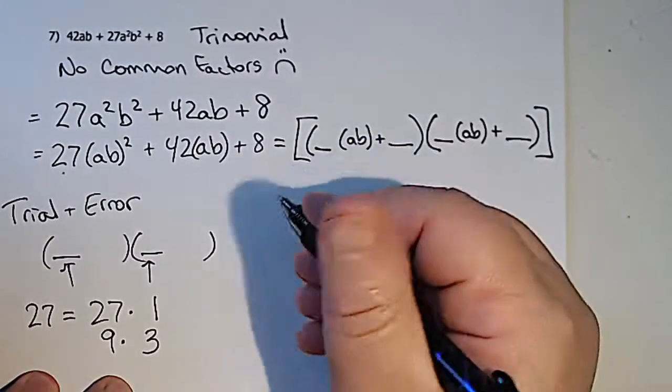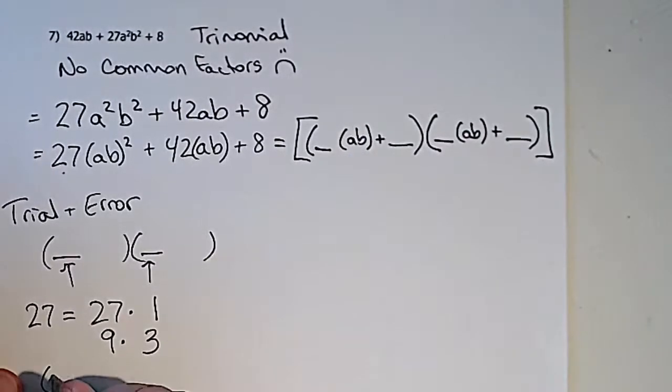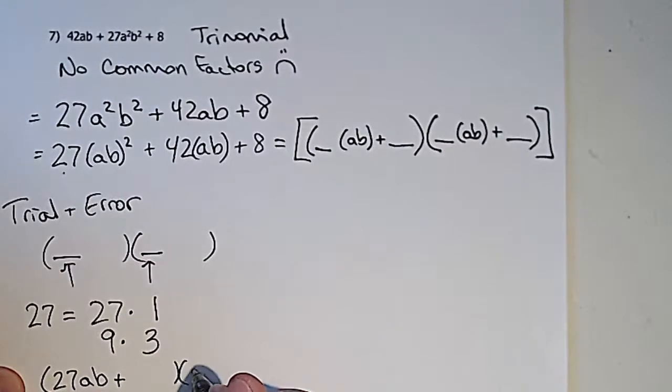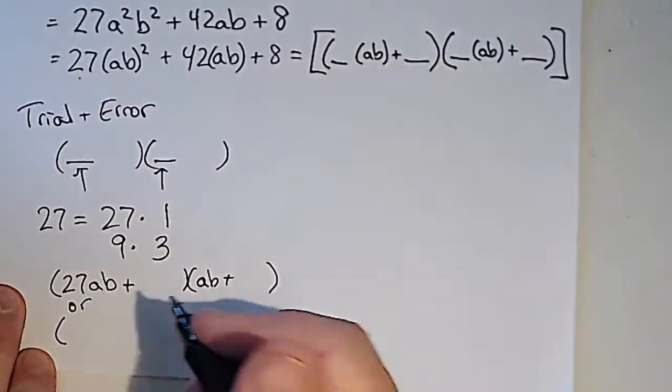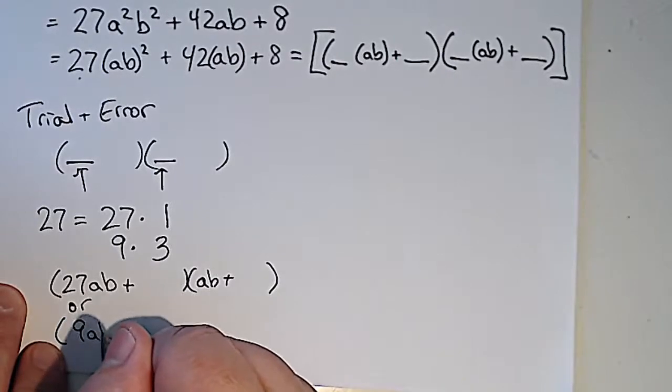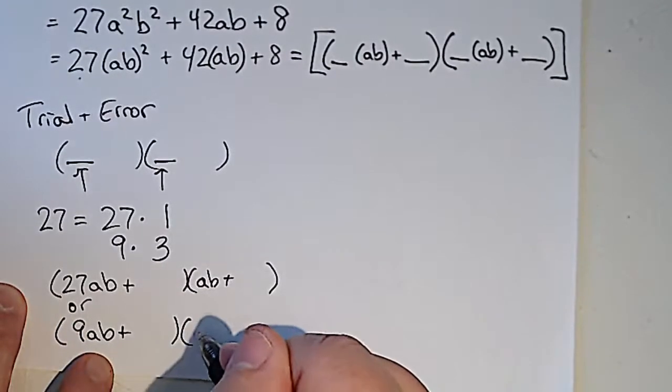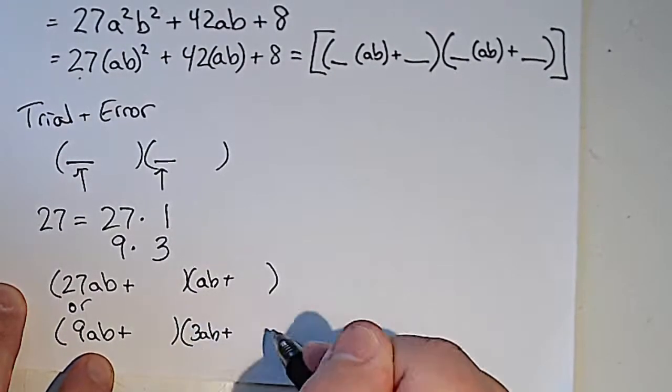So we're going to have either 27AB plus something and 1AB plus something, or we're going to have 9AB plus something and 3AB plus something.